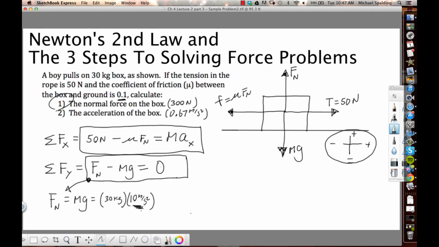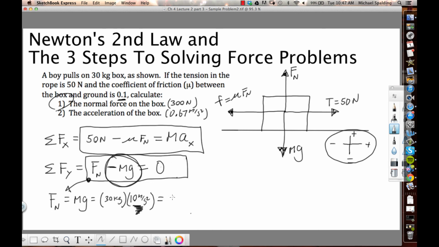Why am I not making this 10 negative? Isn't gravity negative 10? Yeah. But I already put the negative in right here. I already said minus mg, right? So the rule is, once you've summed the forces, you've already done the sign conventions. No more sign conventions after you've summed the forces. So we just plug in 10 for gravity.